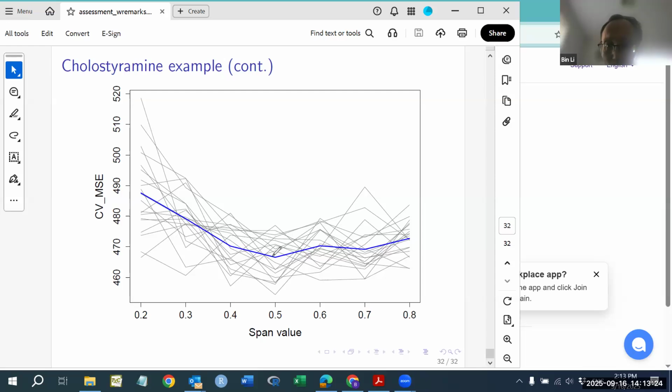And what is the best? The one that minimizes the average, which I would say the neighborhood size is 50. So the optimal alpha should be 0.5. That's how we choose the optimal alpha through cross validation. Is that clear?